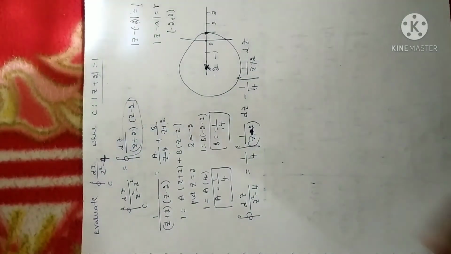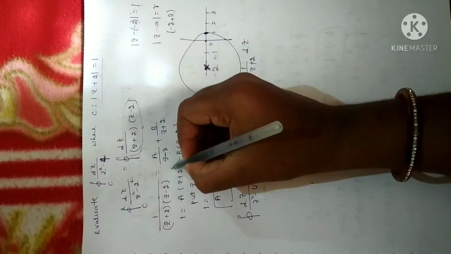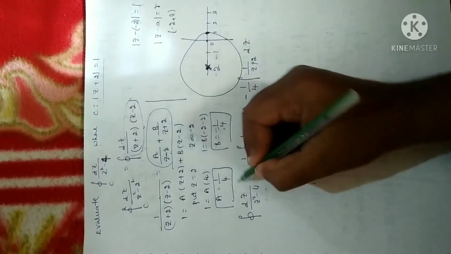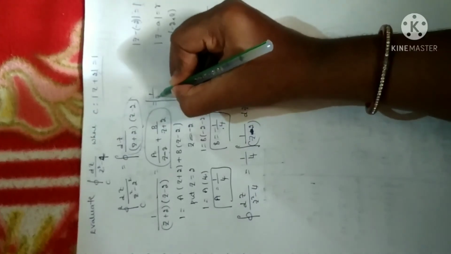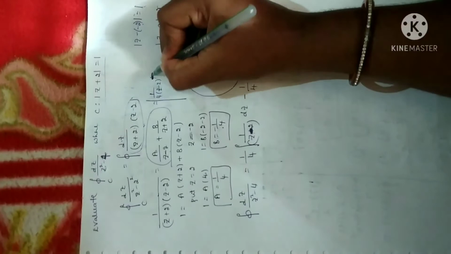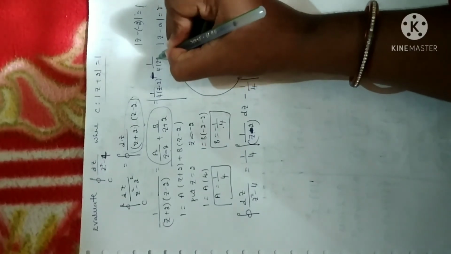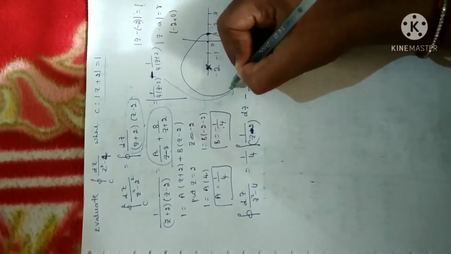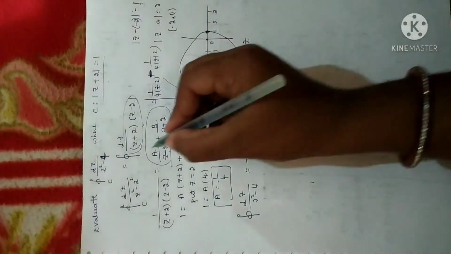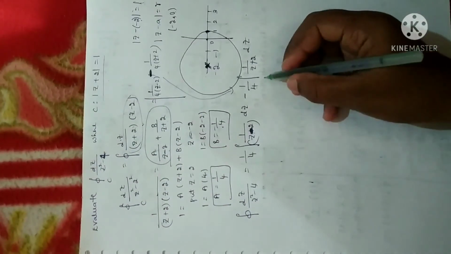If you want, I can write one more step: A is 1 by 4 into (z + 2) plus B is minus 1 by 4 into (z - 2), which gives 1. So I have written the same here. Hope it is clear. I have applied the partial fraction, split the denominator and rewritten it like this.